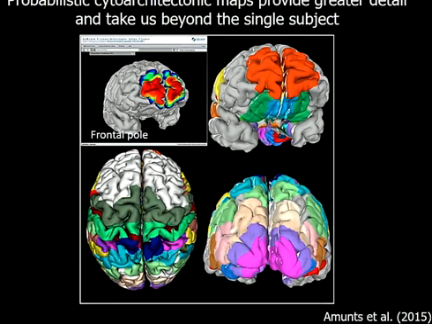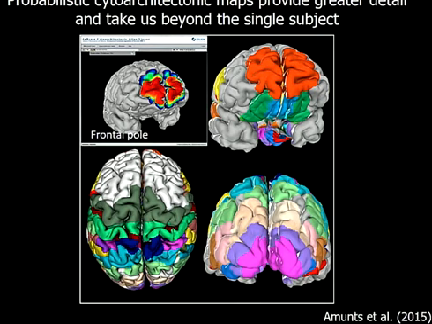So when we do that, what you can see is that the boundaries become much less sharp. So here, for example, is area 10, the frontopolar cortex, and here's a rendition of the overlap from 10 individual subjects.